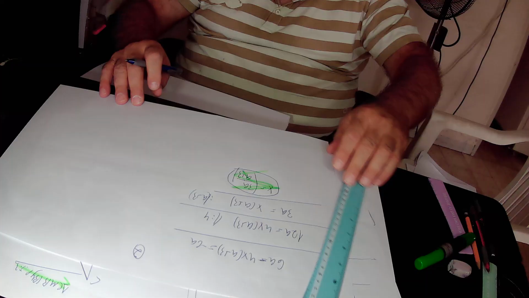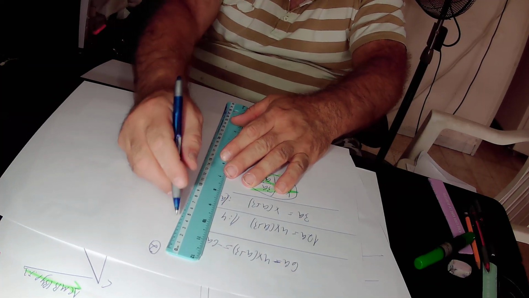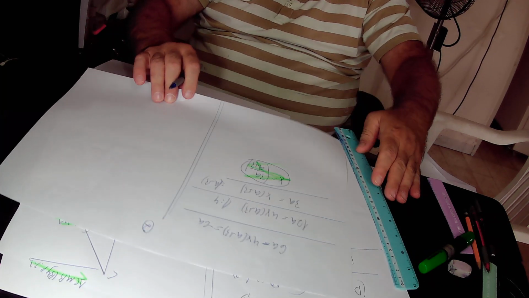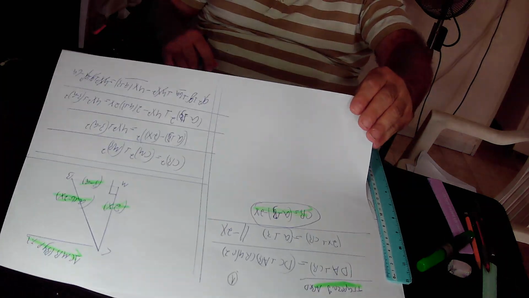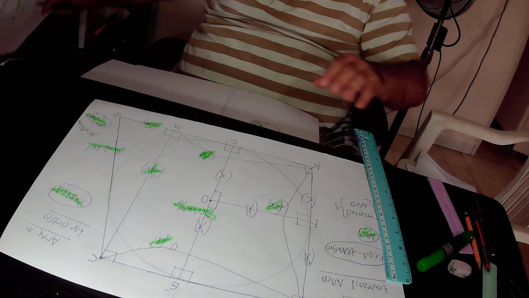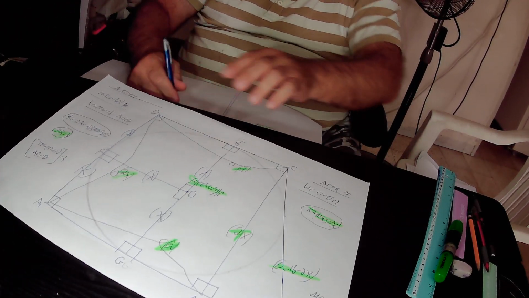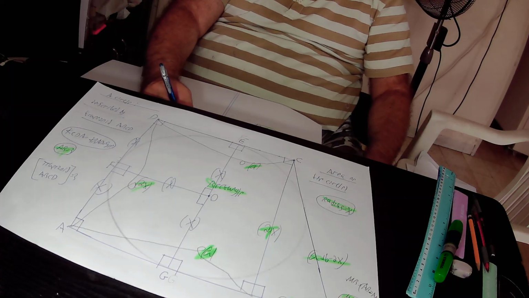In the next step, we will calculate the area of trapezoid ABCD according to the formula that I presented to you in the beginning of the lecture. So what is the area of trapezoid ABCD?